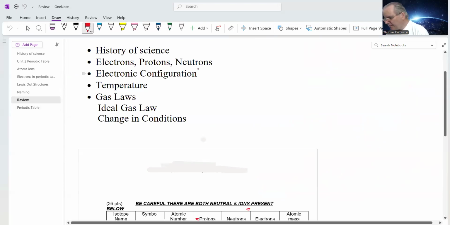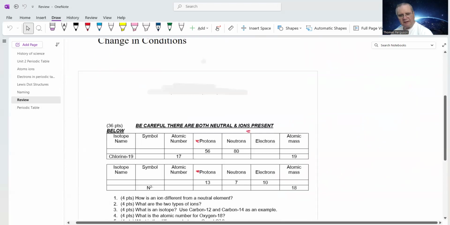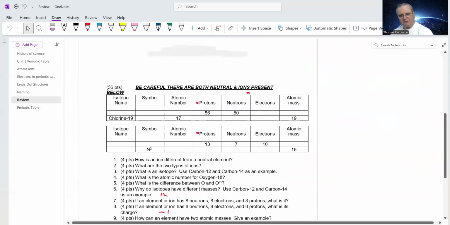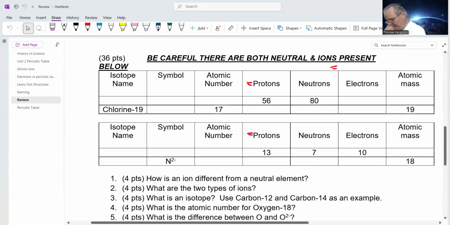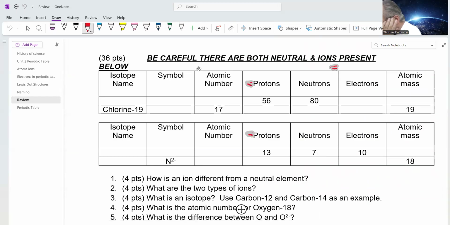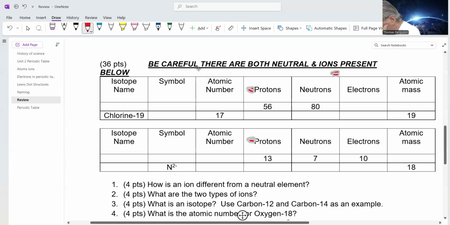Let's look at electrons, protons, and neutrons. You're going to get a table very similar to this on your test, and you're going to have to fill it out. Okay, so atomic number 17 is chlorine. So the symbol is going to be Cl, and it's 19.